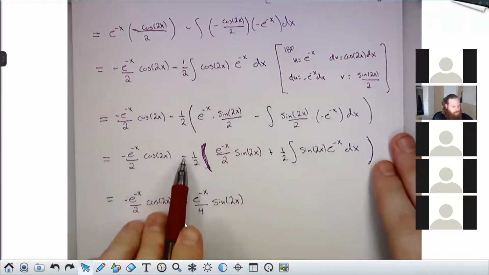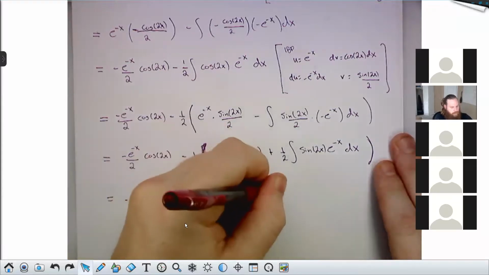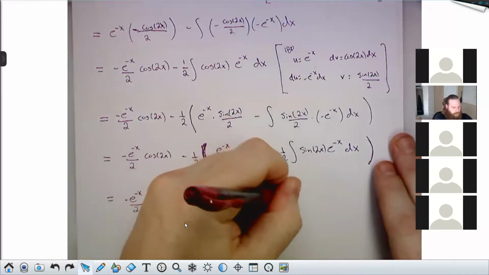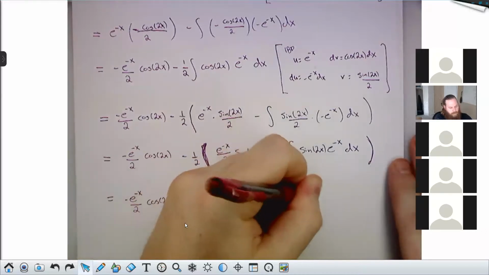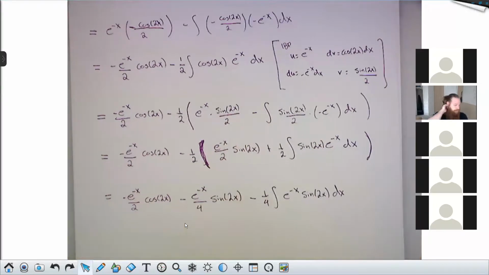And then this and this will be minus 1/4 integral, I'll write the exponential first, e to the negative x sine of 2x dx. So that is us handling all of the signs carefully, using parentheses as appropriate. Parentheses are your friend, right? When in doubt, use them. If you're not sure if you need them, you probably do. If you're really not sure, send me an email, right? Take a picture of your work, message it to me, I'll get back to you quick.